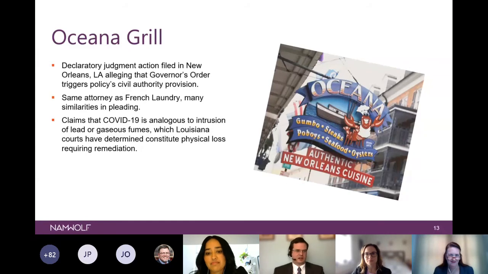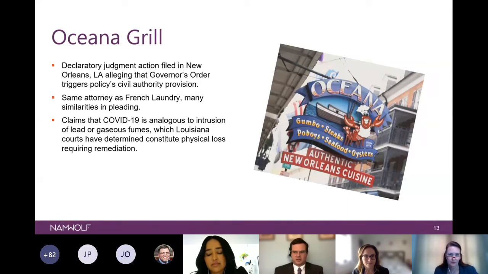And I'll go back to what I was talking about a little bit with the property coverage. If you've got a property that is rendered uninhabitable by the presence of coronavirus, then maybe, but I don't think coronavirus is the same as lead or gaseous fumes.